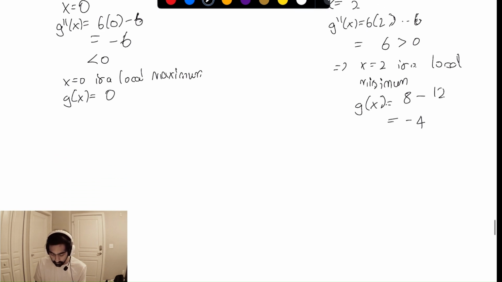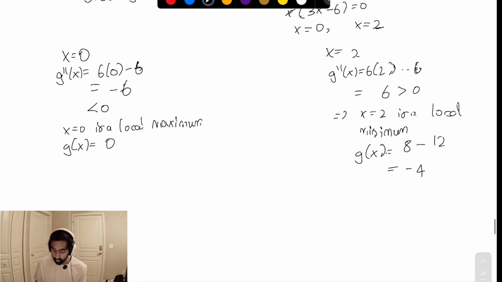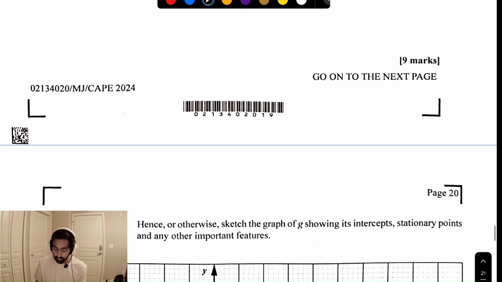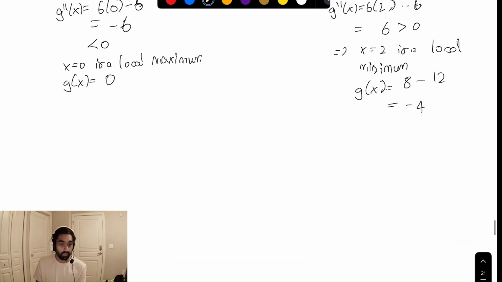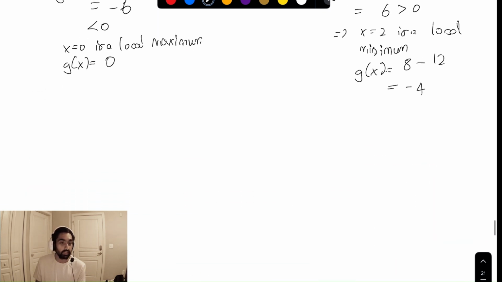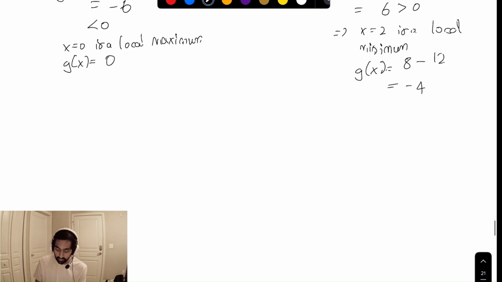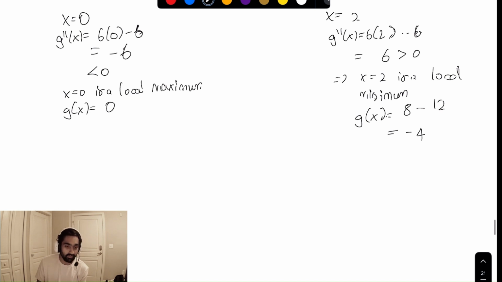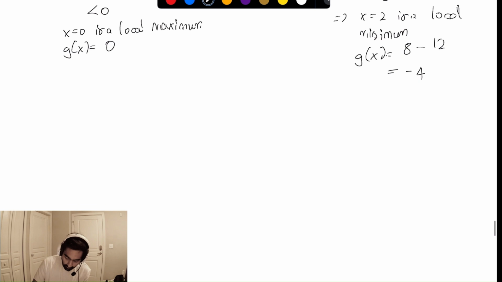Okay, now we need to find the intercepts as well. The intercepts mean what's the value of g of x when x is 0, and also what are the values of x that make g of x equal 0. So first of all, we just saw x equals 0, because it's actually a stationary point. But the most important thing is we need to find the root.